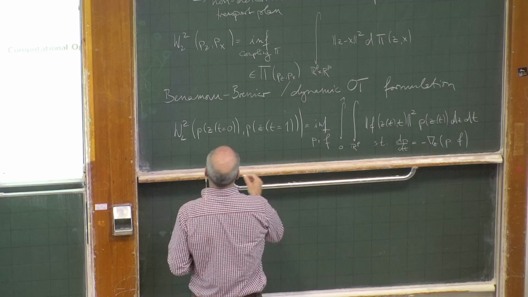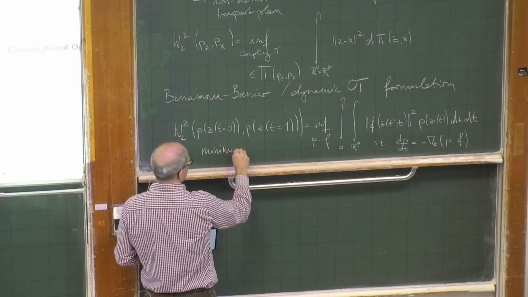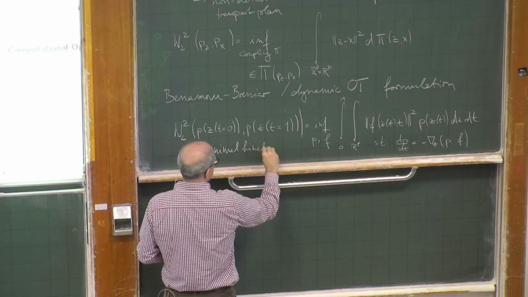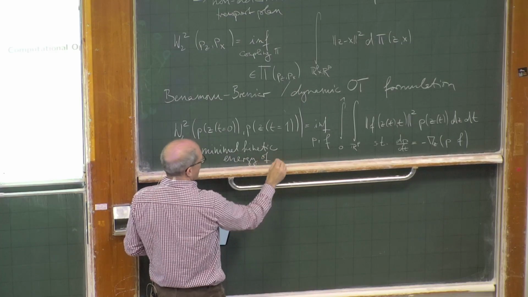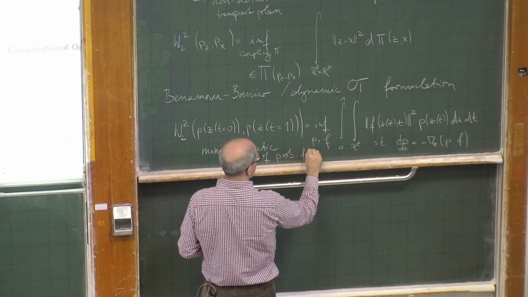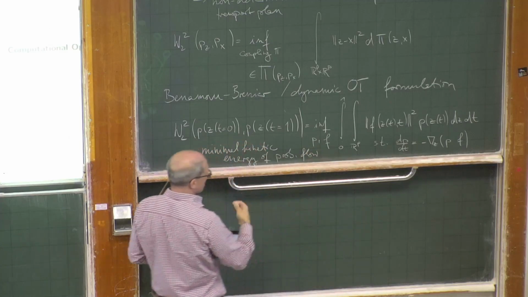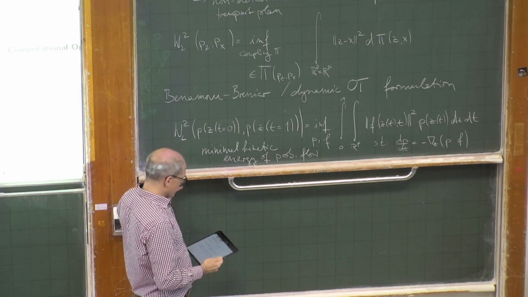All right, and what we find here is the minimal kinetic energy of the probability flow that actually translates my base distribution into my target distribution.